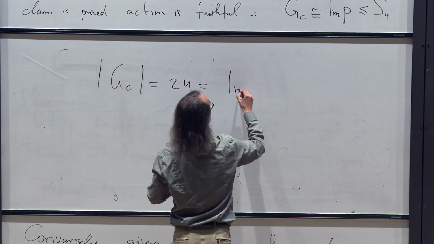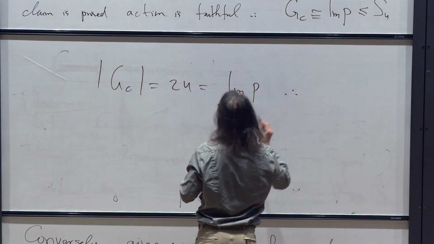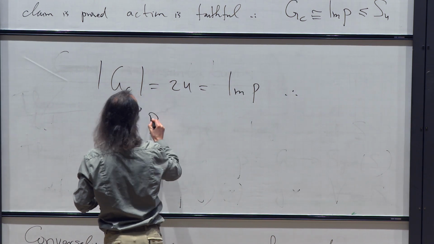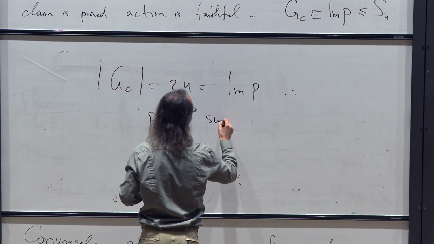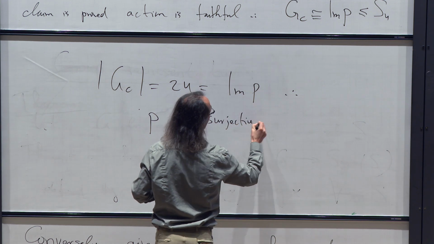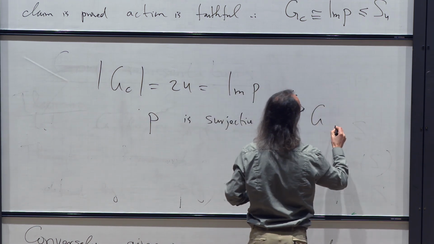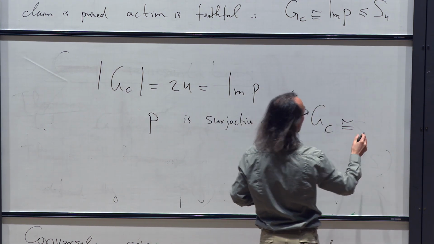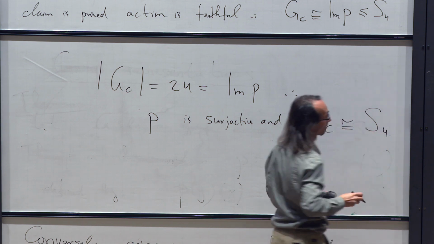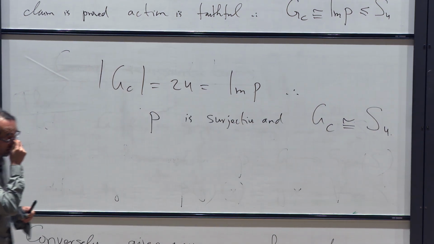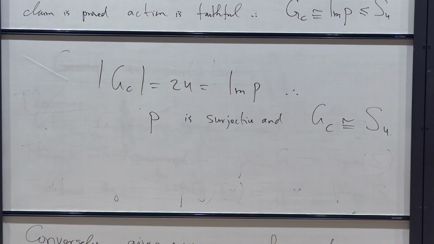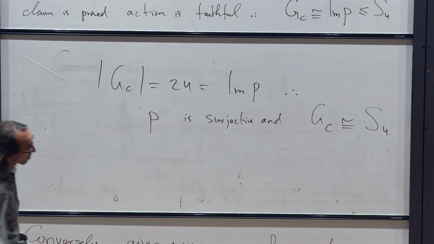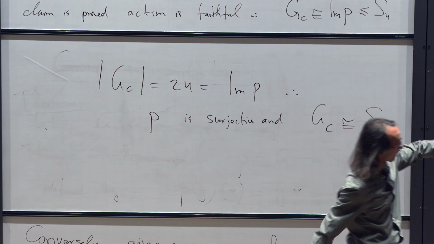That will be the size of the image of rho as well. Hence, rho is injective, rho is surjective, and the rotation group of the cube is isomorphic to S4. Just by knowing the sizes of these groups, we get all the possible bijections between the diagonals.